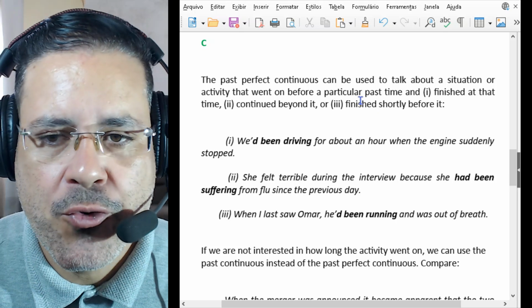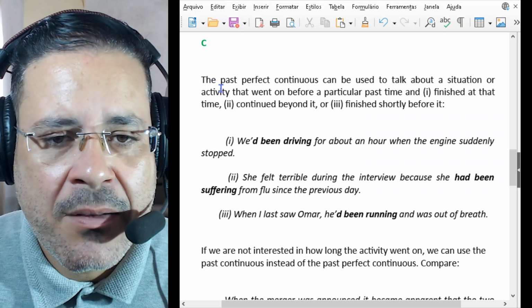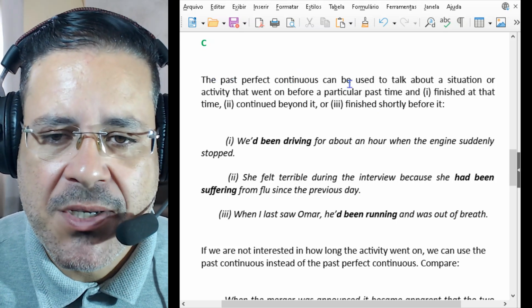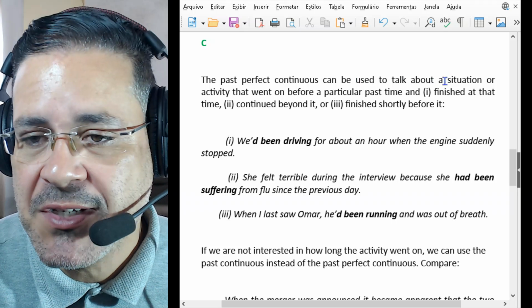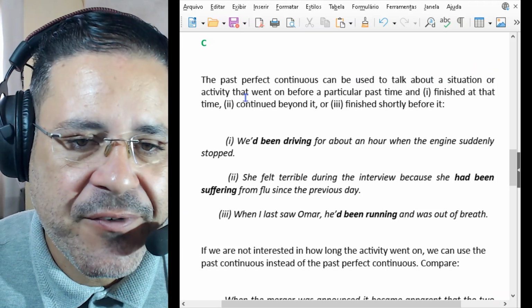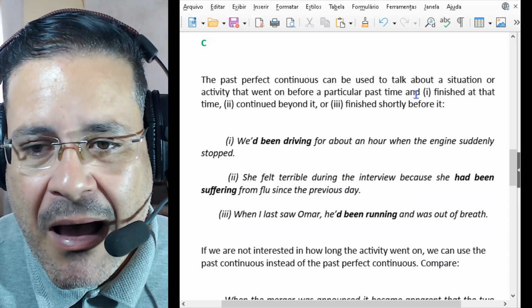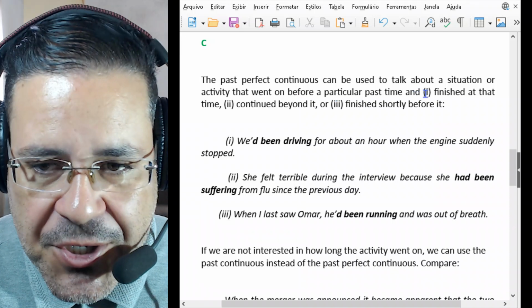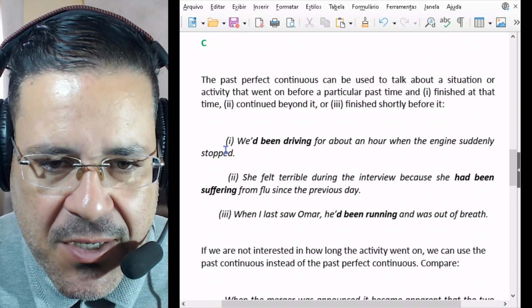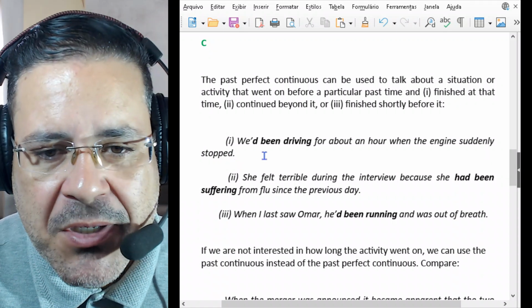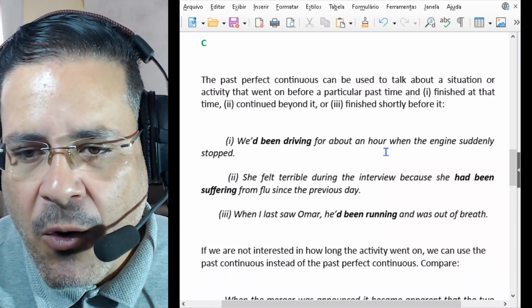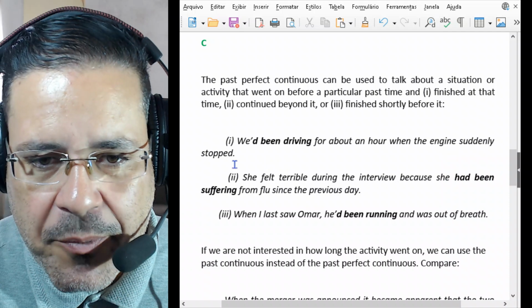Now let's go through section C. The past perfect continuous can be used to talk about a situation or activity that went on before a particular past time and 1. Finished at that time. For example, we'd been driving for about an hour when the engine suddenly stopped.